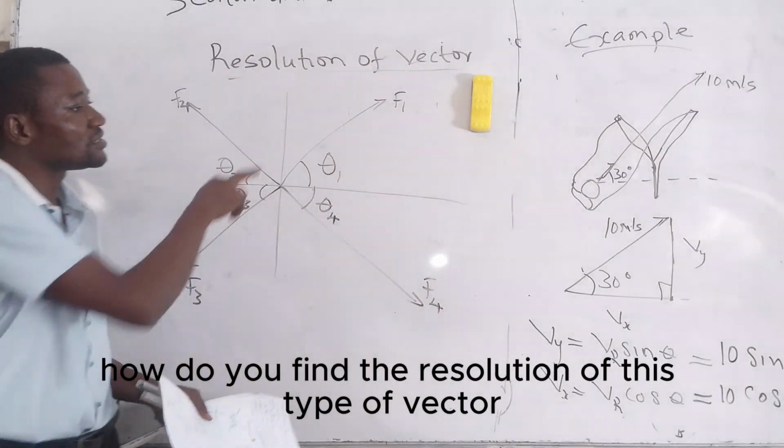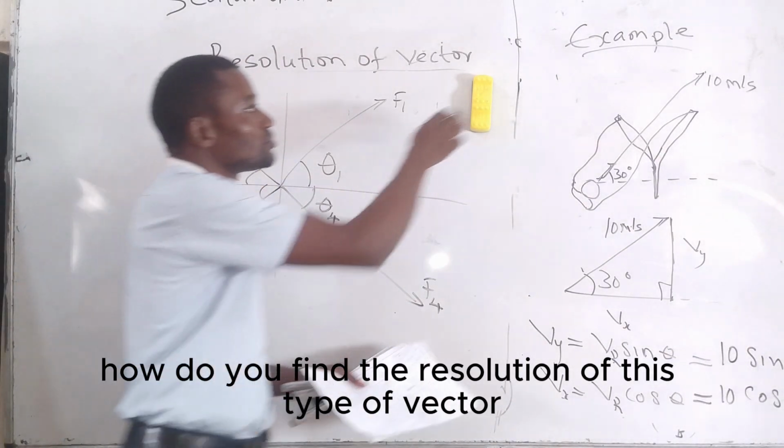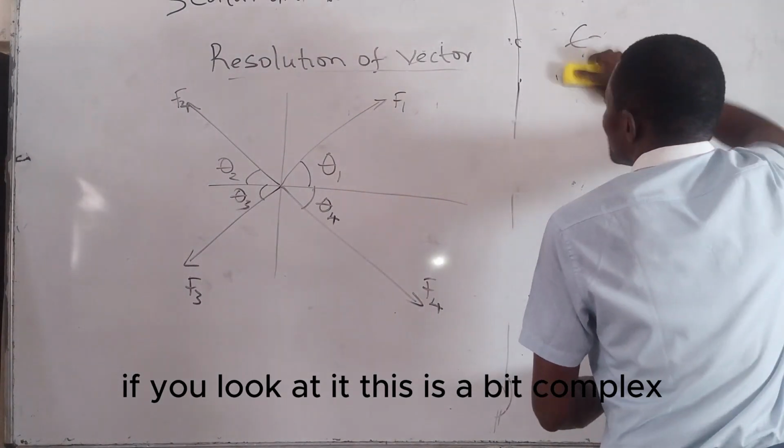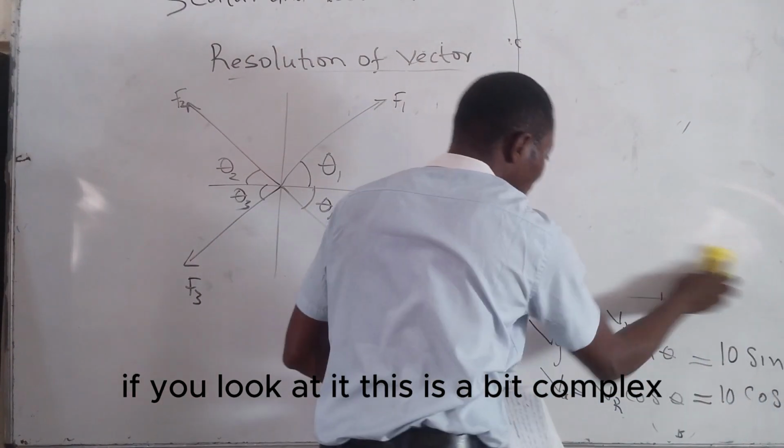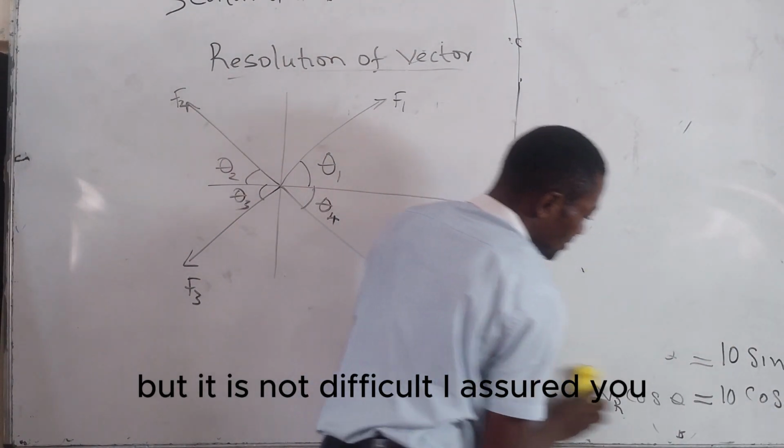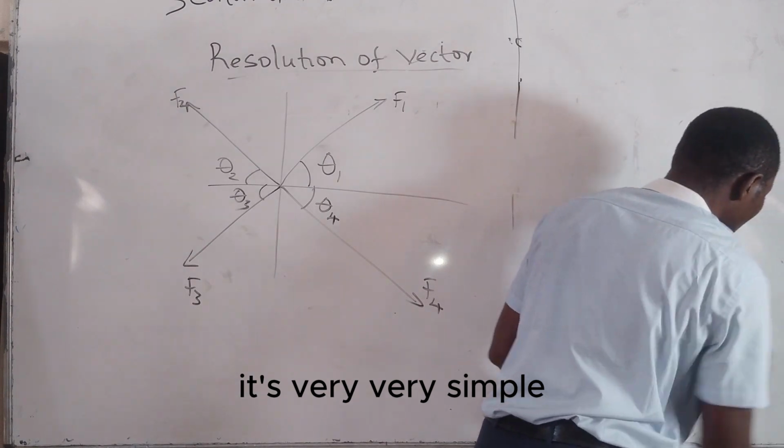How do you find the resolution of this type of vector? If you look at it, this is a bit complex, but it is not difficult. It's very, very simple.